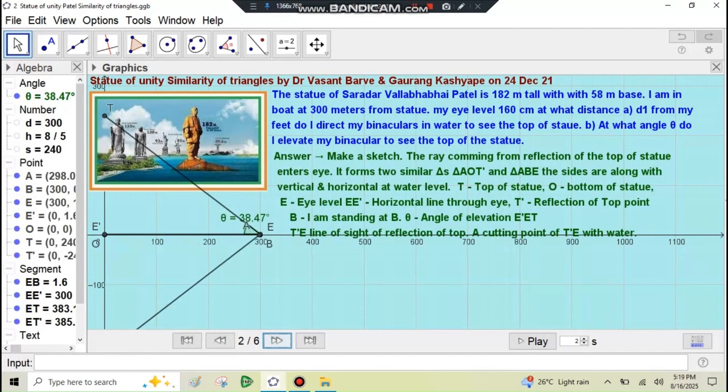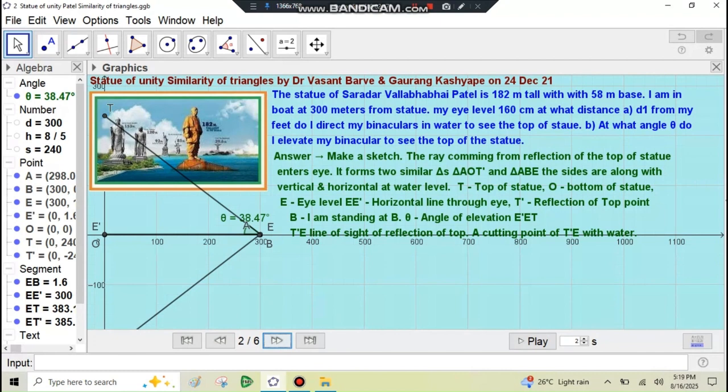So I make this particular sketch. You see, this is a huge scale problem. So that is why it is difficult for you to see different points. But these different points I will make visible by expanding this at the end of this particular session.